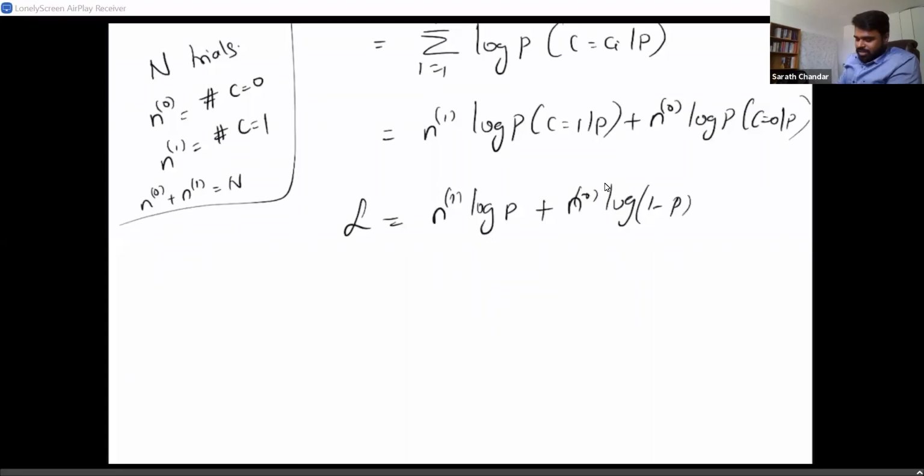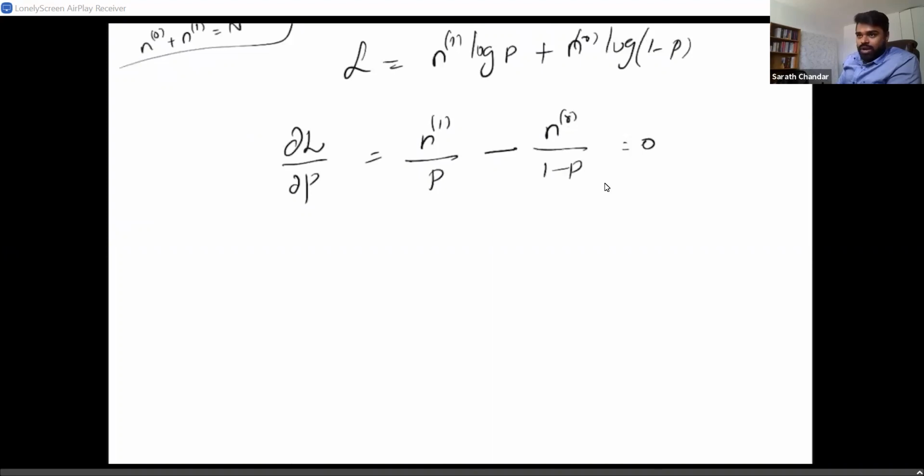I differentiate this with respect to P. So I get n1 log P, when you differentiate, it becomes n1 by P minus n0 by 1 minus P is equal to 0, right? So now n1 by P is equal to n0 by 1 minus P. So 1 minus P by P is equal to n0 by n1.